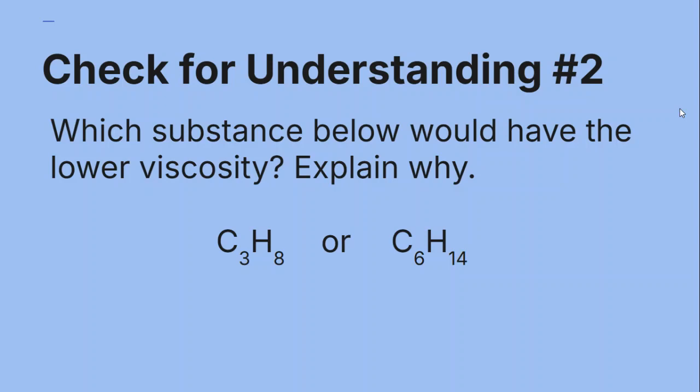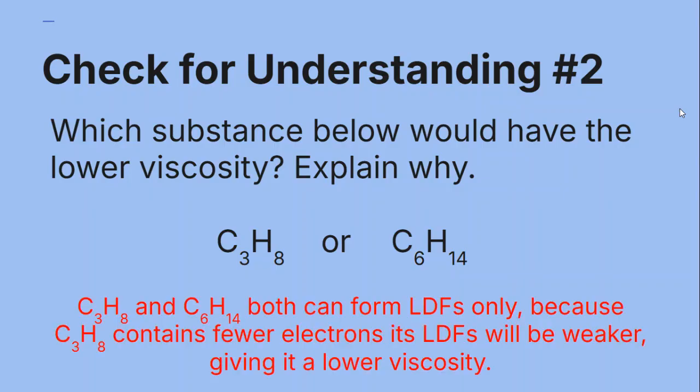And we know that the smaller the molecule, the weaker the LDFs will be. The weaker the LDFs, the lower the viscosity. So the C3H8, because it's smaller, it contains fewer electrons, its LDFs will be weaker, giving it a lower viscosity. And that is going to be it for this video lecture.